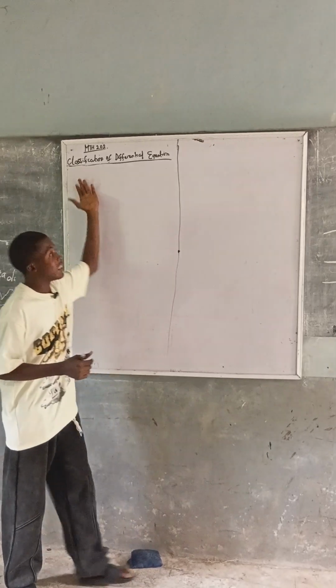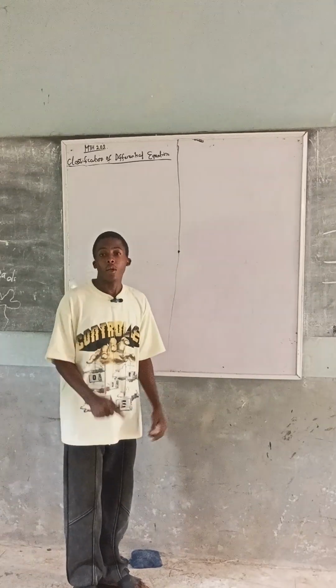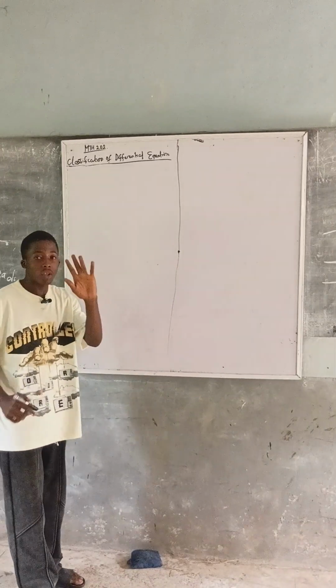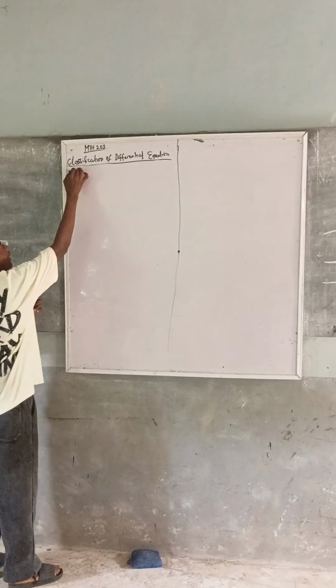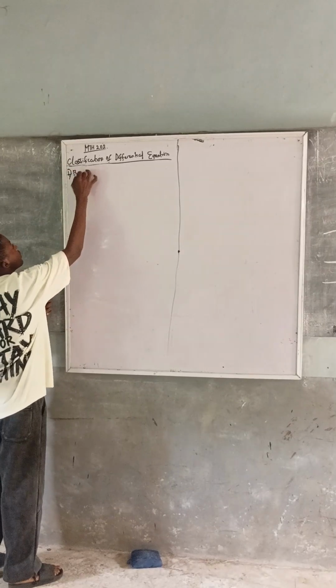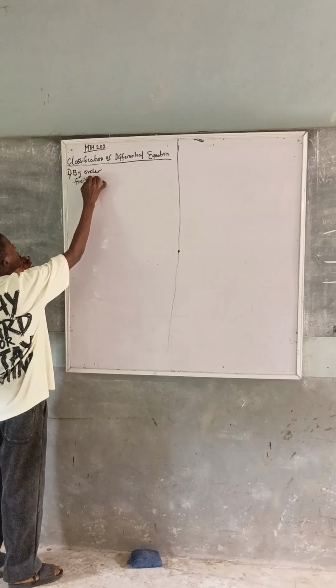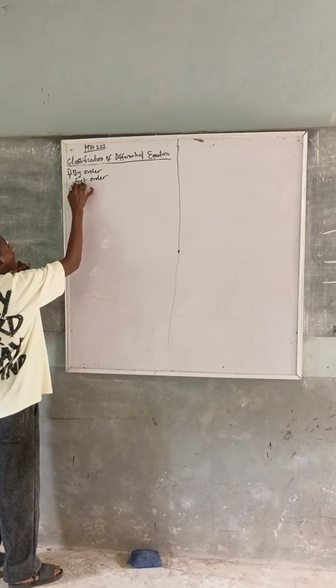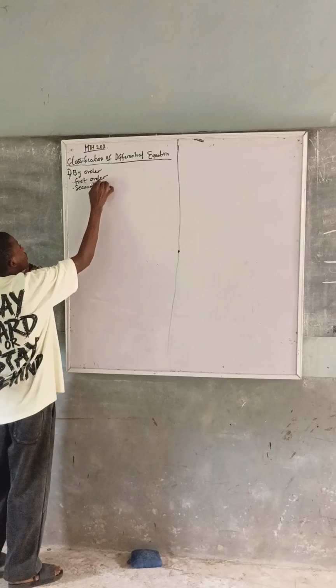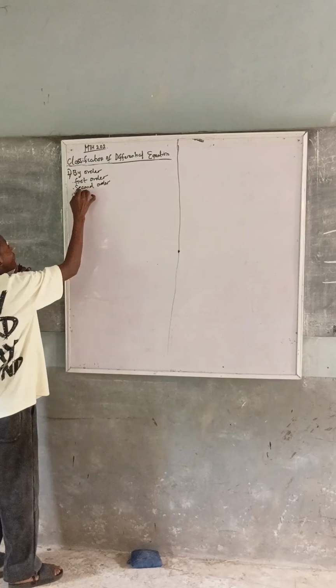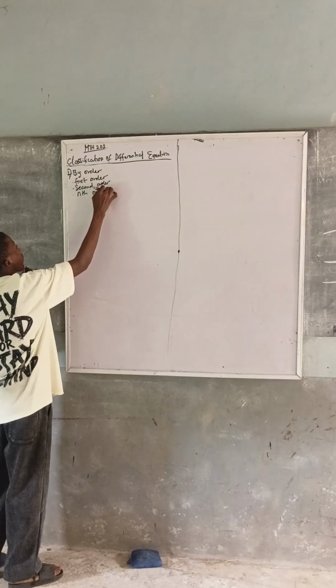We'll be talking about classification of differential equations. Now, we have five classifications of differential equation. We have, by order, number one, by order. Under that, we have the first order, the second order, the nth order.